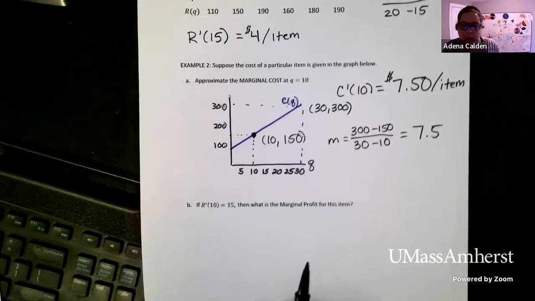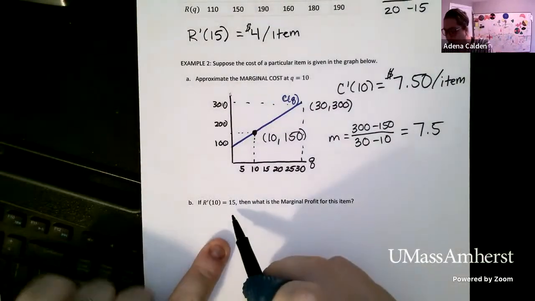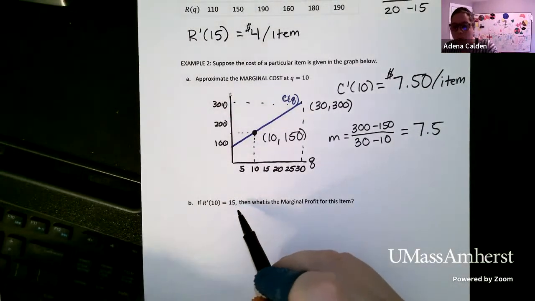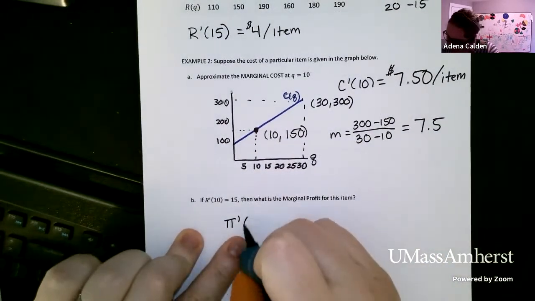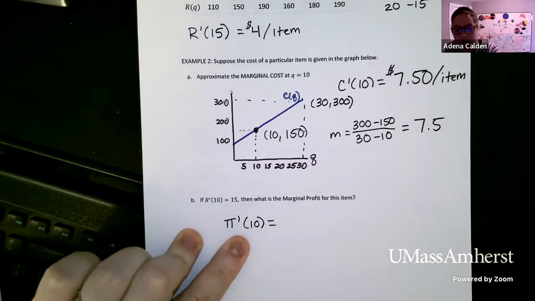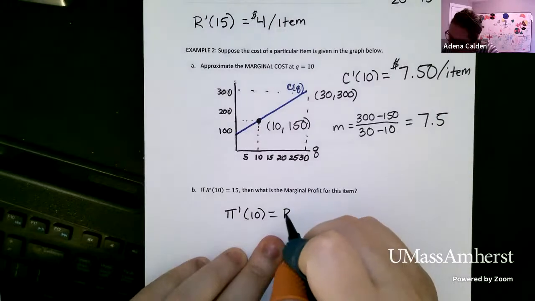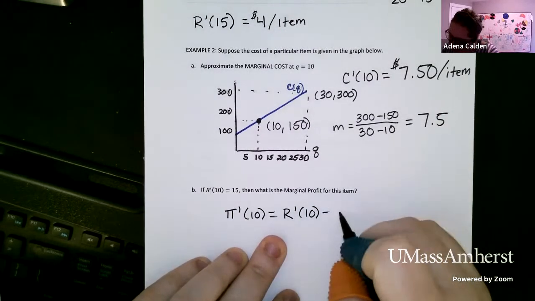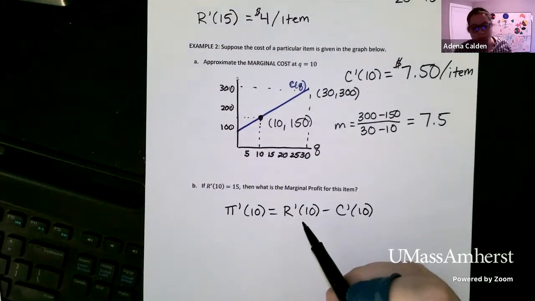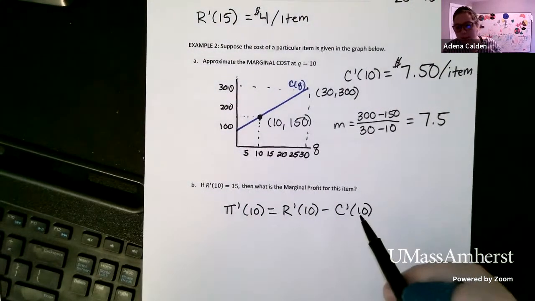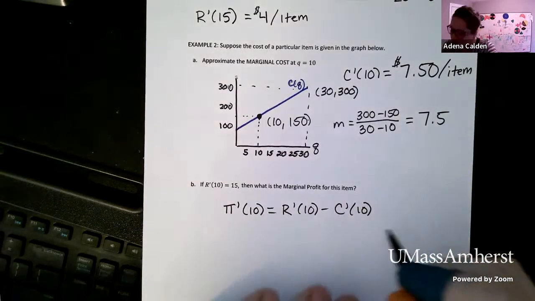So now for part B, I'm also told that R prime of 10 is 15. So that's $15. So what is the marginal profit? So the marginal profit at a threshold of 10 items is going to be the marginal revenue minus the marginal cost. So how much additional money do I get from selling the 10th item minus the additional cost it costs me to make the 10th item, right?